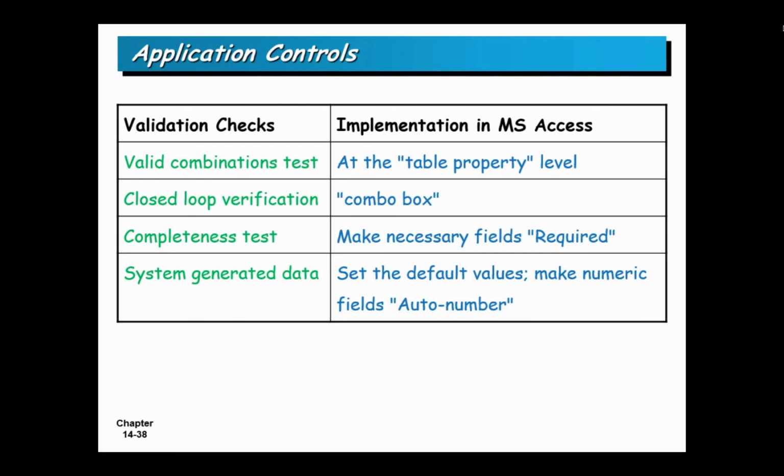If it's an important field, make sure it's entered. Make it required. How many times do you enter a bunch of stuff in when you're buying something and it doesn't go through, and then you have to search for the field that you forgot to enter. And in certain situations, you may want to put in default values so you don't have null values in a field, if a default value makes sense.